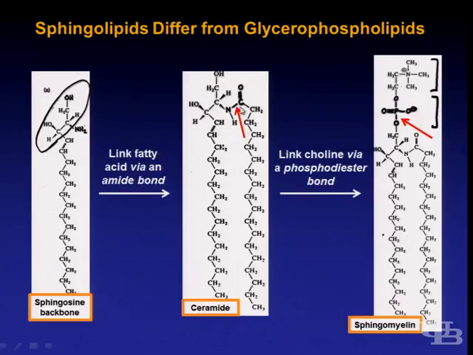So here we're bringing in a fatty acid, and obviously that can vary. Now, when you think about the head group, there are different types of head groups, but for our purposes, the major sphingolipid, the head group is choline. And so that gives us sphingomyelin, okay?